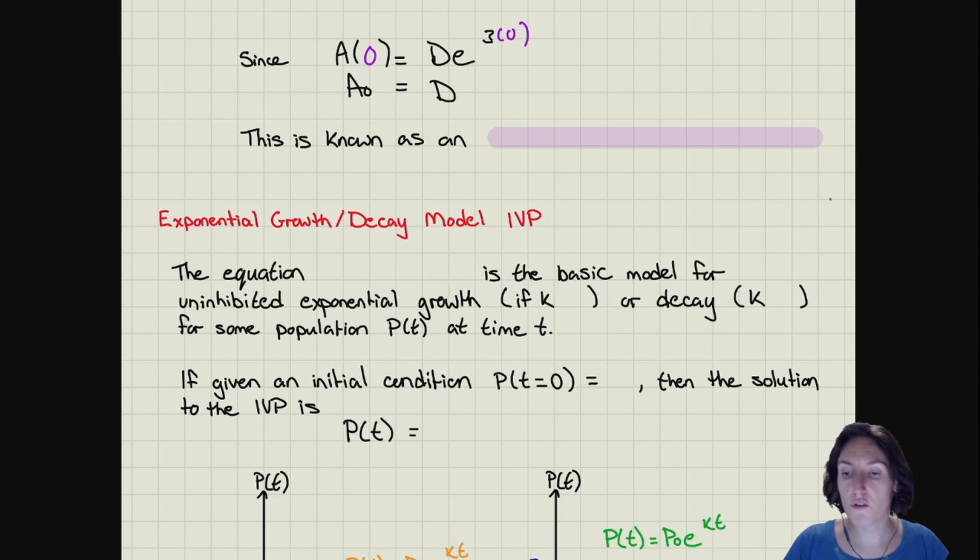So I can solve for my d here. This process of taking a differential equation and finding its exact solution, where you have to have an initial condition, is known as an initial value problem.